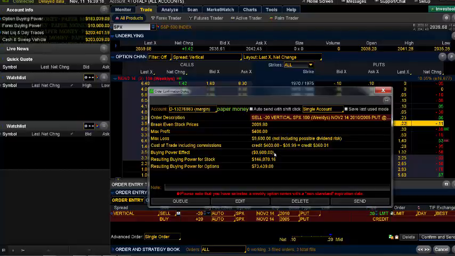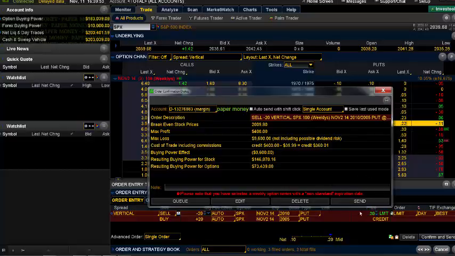This is the amount of margin that the broker requires to execute this trade. The broker will then hold this amount in your account for the duration of the trade until it expires on Friday or you exit prior to Friday. The resulting buying power for stocks and options is strictly related to how much equity you have in your account and what other types of trades you're taking.